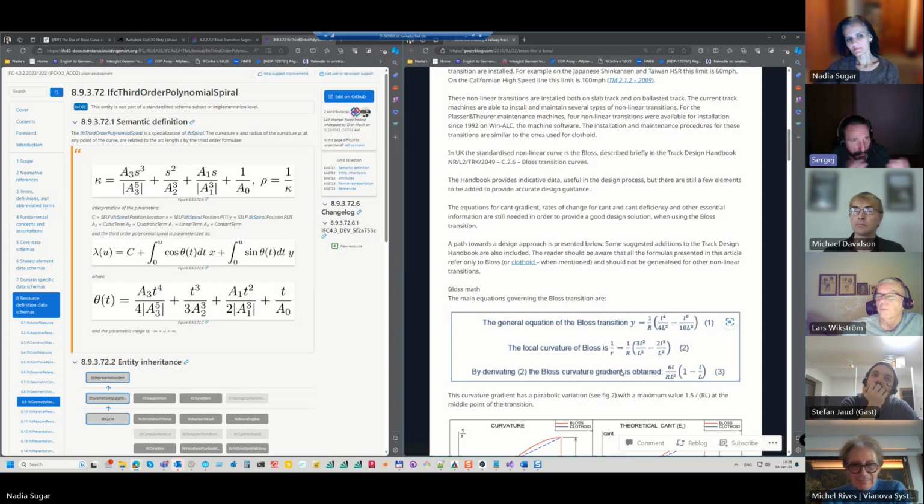It should have been just the value multiplied by S to the power of 3. There must be a logic behind this. And these equations should actually be in the usage, I mean in the concept template. I don't know why they are here.